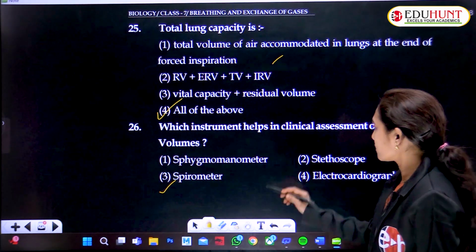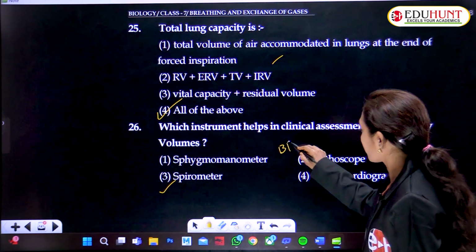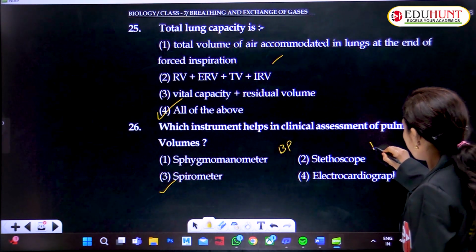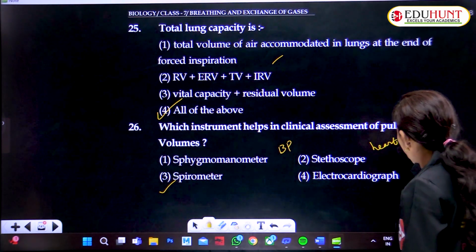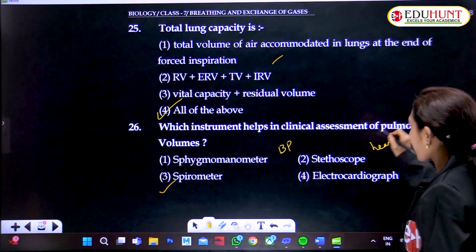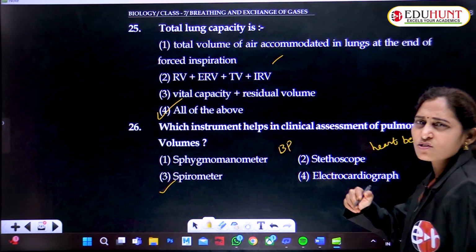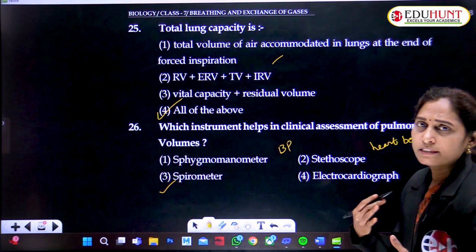Sphygmomanometer measures the blood pressure. Stethoscope, heartbeat. Electrocardiograph, it is also heartbeat.